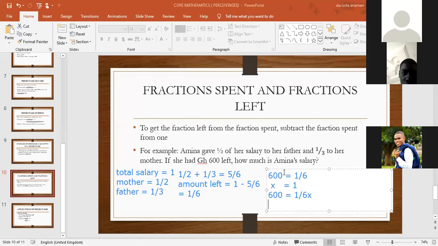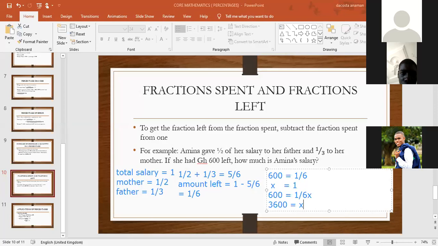This one, you just use your calculator to punch. I hope you know how to punch it using two fractions. You just have to punch the fraction sign once. Then you type in your numerator there. That's 600. Then when you come down to your second fraction sign, you have to punch the fraction sign again so that it will give you another fraction. Then you type in your 1 over 6. Is that okay?